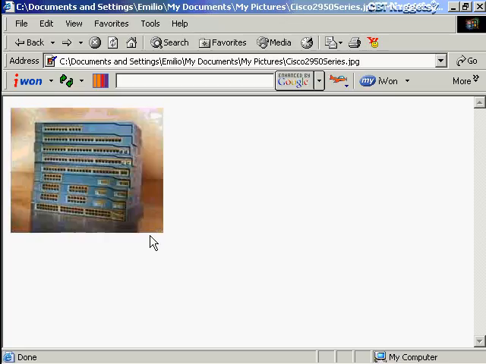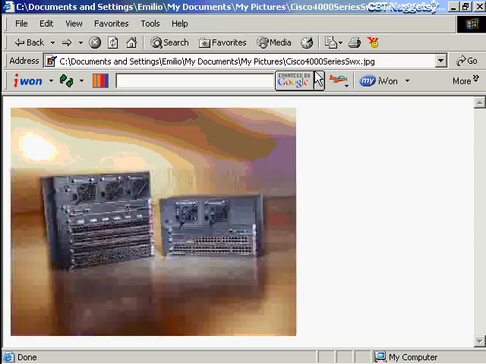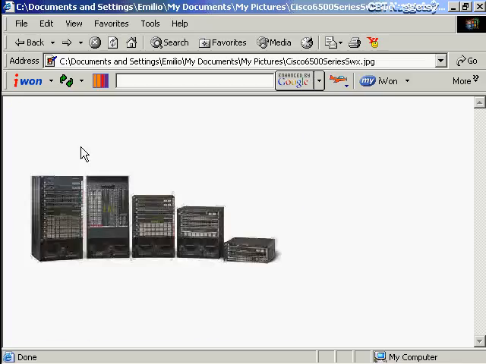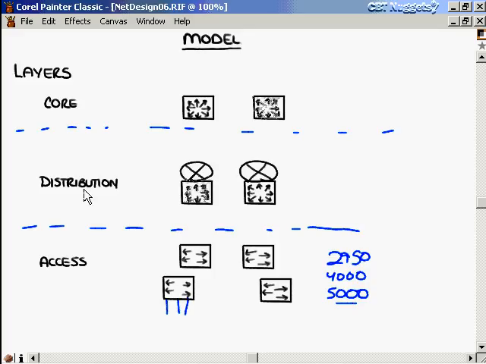The 6500 family ranges from a small one. We're going to see possibly these right here, these devices, those types of connectivity from the distribution down here between these two devices, and the same thing can exist here.